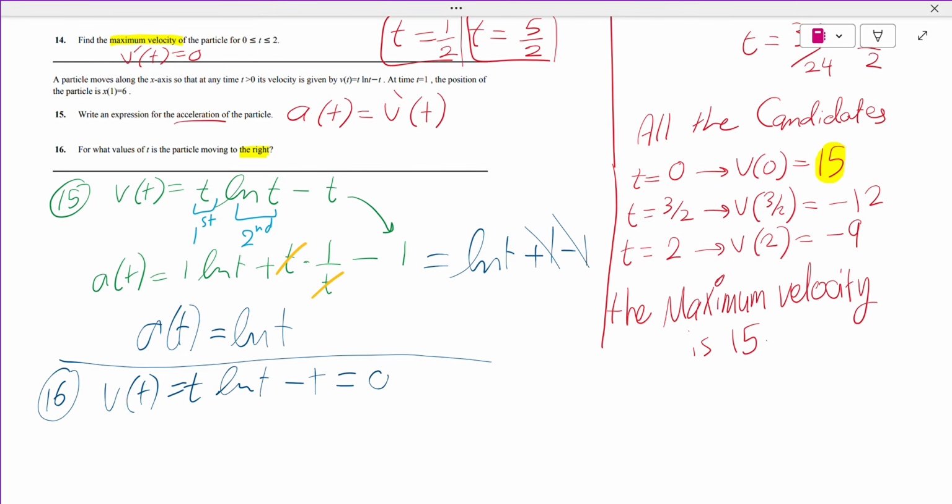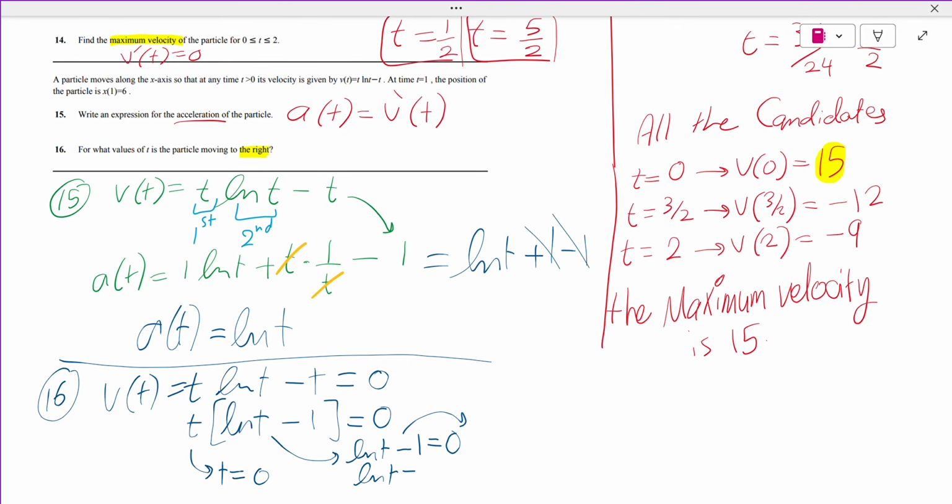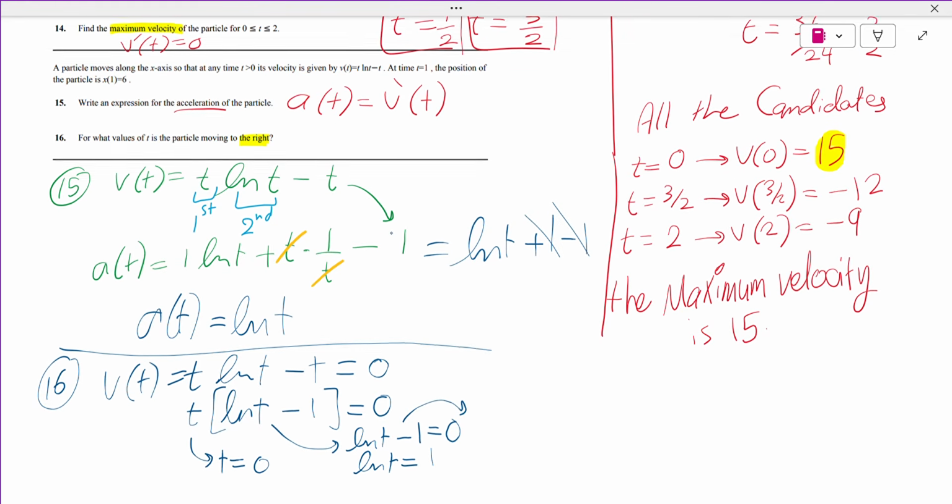Set it equal to 0, factor out the t, that gives you ln of t minus 1 equals 0. This could be at t equals 0, and this ln of t minus 1 equals 0. Get this to the other side, ln of t equals 1. This is true when t equals what?